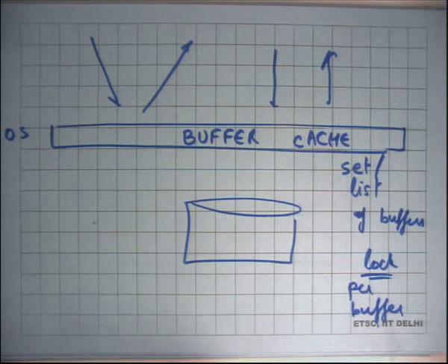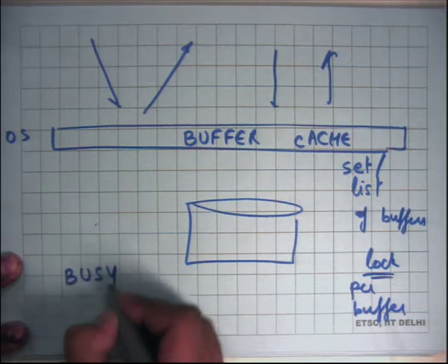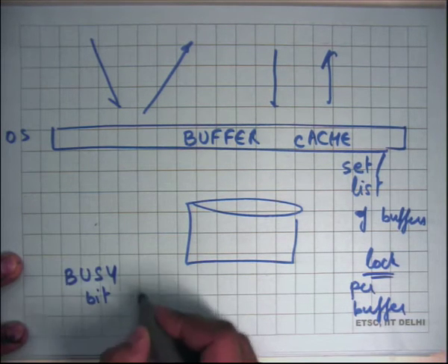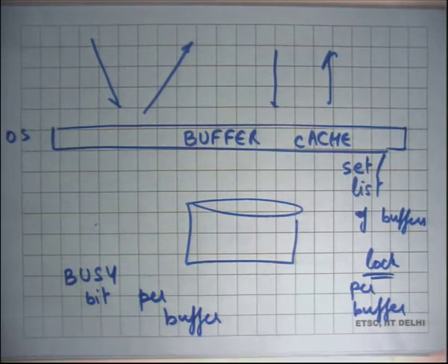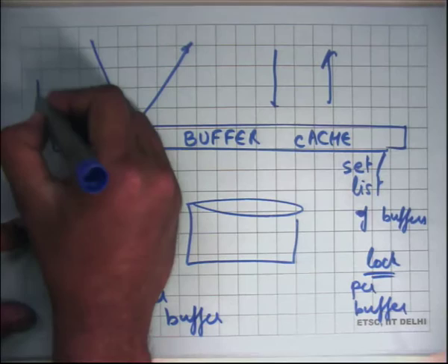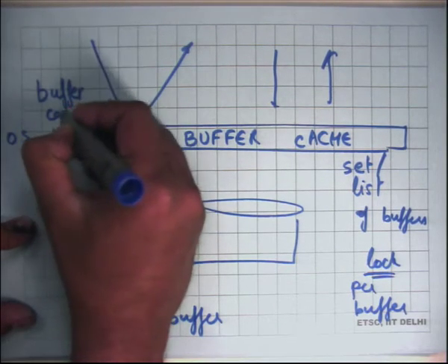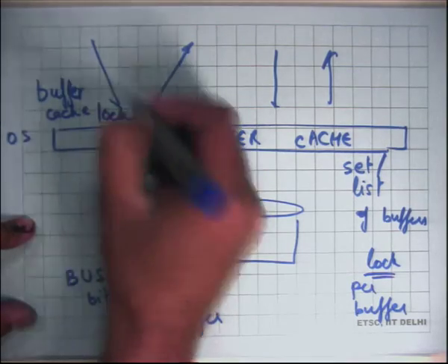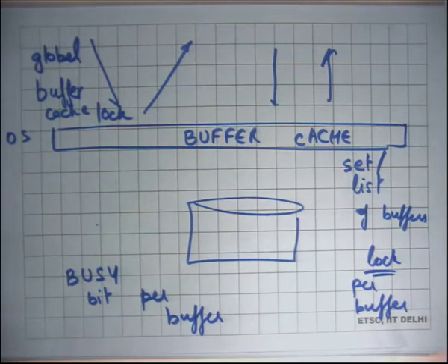So one way to implement blocking locks is to just use a bit called a busy bit in the buffer structure to indicate whether this buffer is locked or not. And use a global buffer cache lock to synchronize accesses to this busy bit per buffer, right?